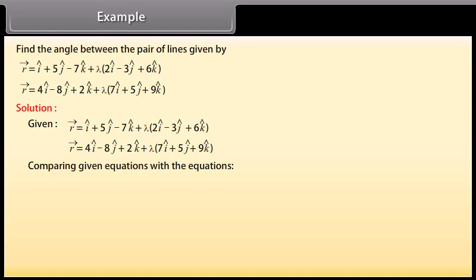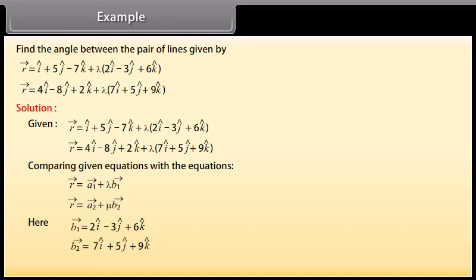Comparing the given equations with vector r equals vector a1 plus lambda vector b1 and vector r equals vector a2 plus mu vector b2, here vector b1 equals 2i minus 3j plus 6k and vector b2 equals 7i plus 5j plus 9k.